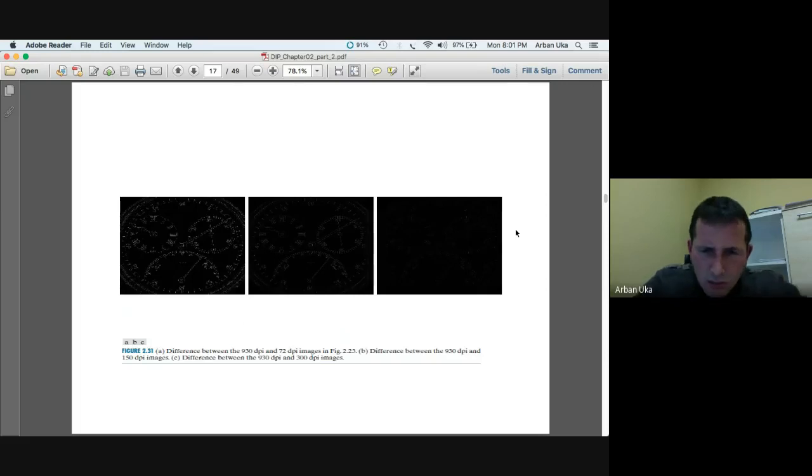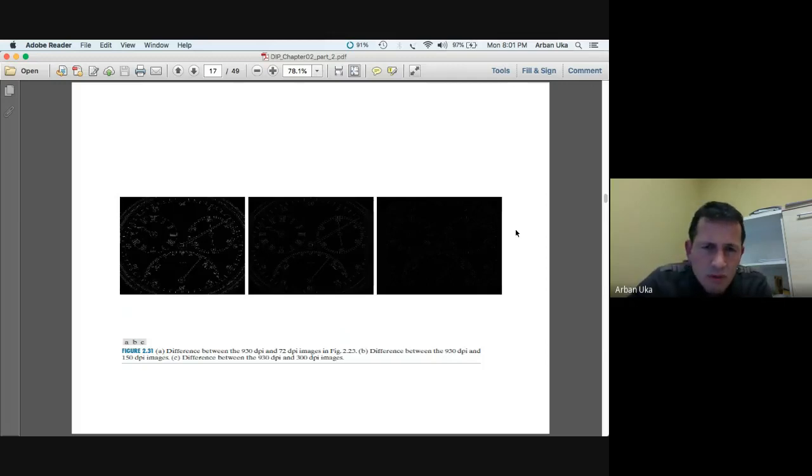This is also the difference that one can obtain if we subtract an image which has a resolution of 930 dpi from another image which has 72 dots per inch, and we can hardly observe, but we can notice some differences.